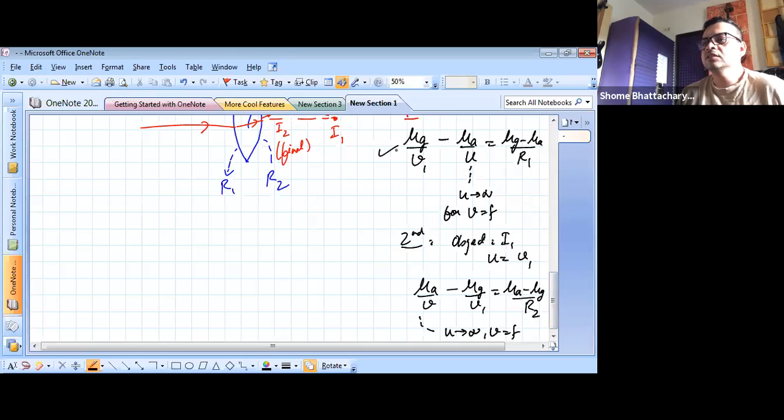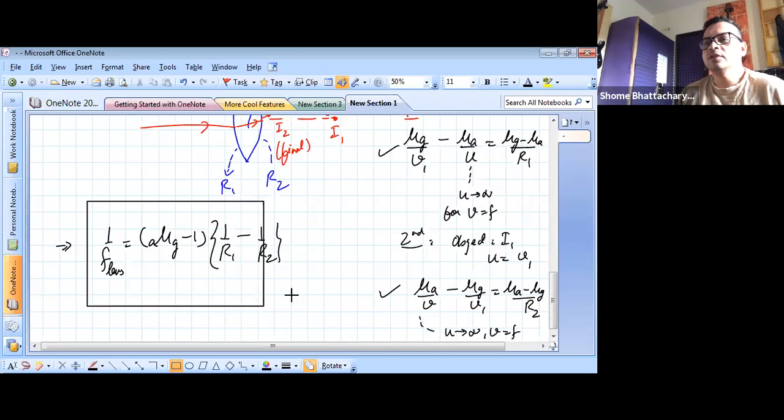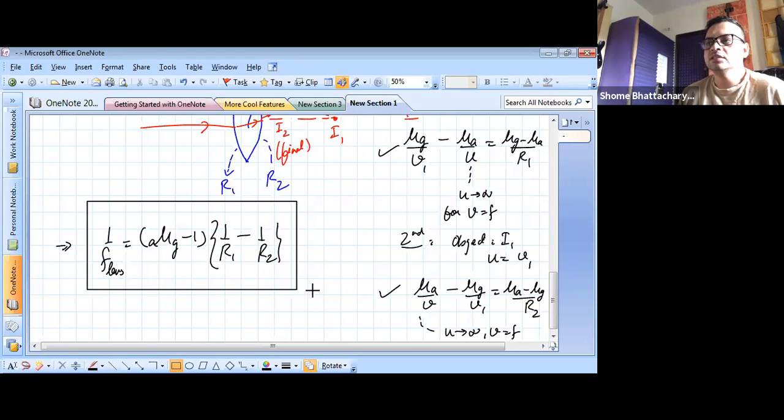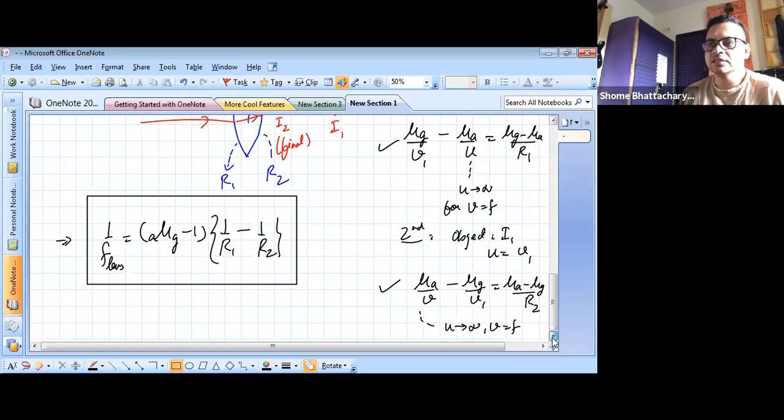Solving these two equations, we got what is called the lens maker's formula: 1 upon focal length of a lens is (refractive index of glass with respect to air minus 1) into (1 by R1 minus 1 by R2). This is the formula used to calculate the focal length, given the radii and the refractive index.